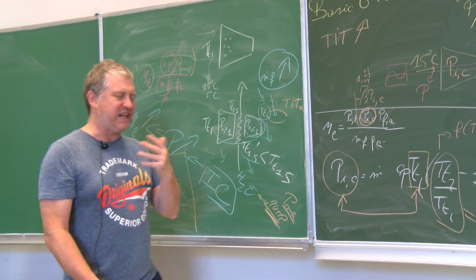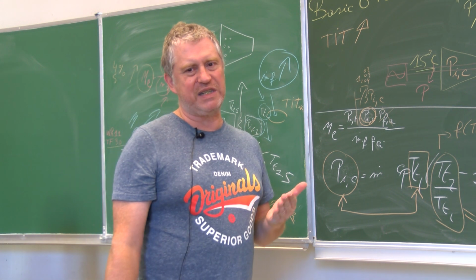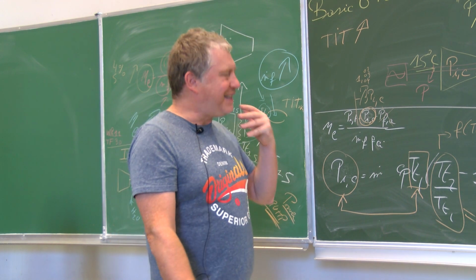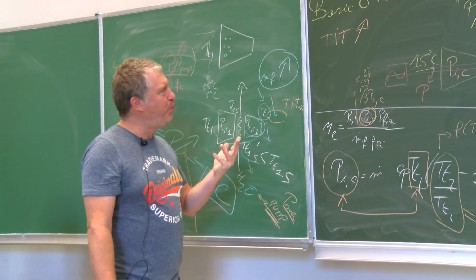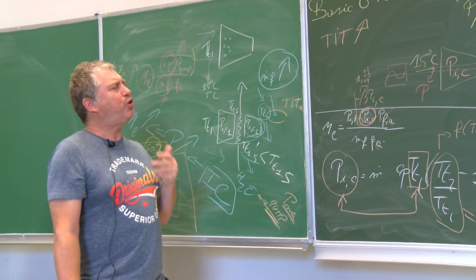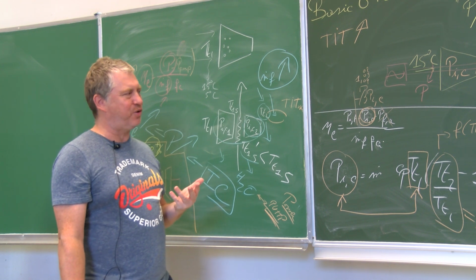I will not expand myself on that, because it's not an aircraft cycle, but it is a way to improve the basic gas turbine engine. Could we apply that in an aircraft?